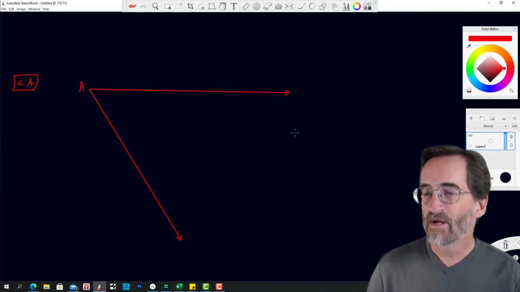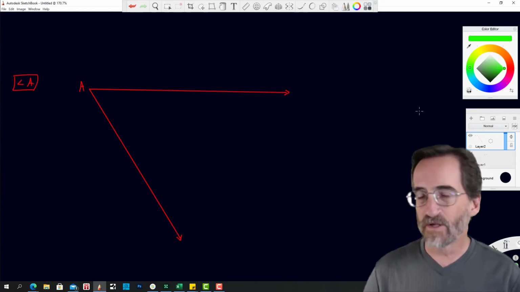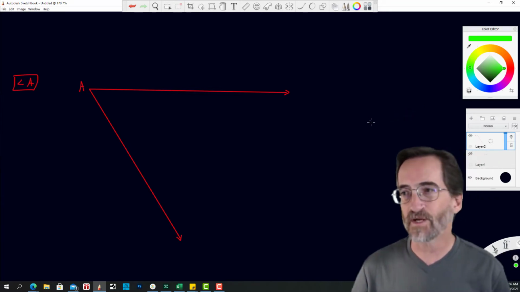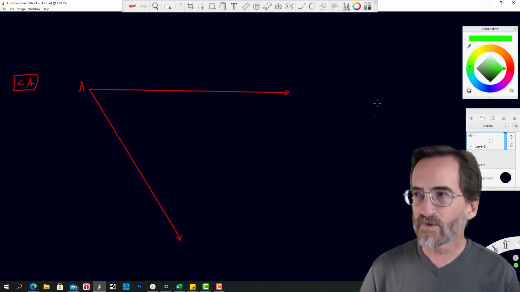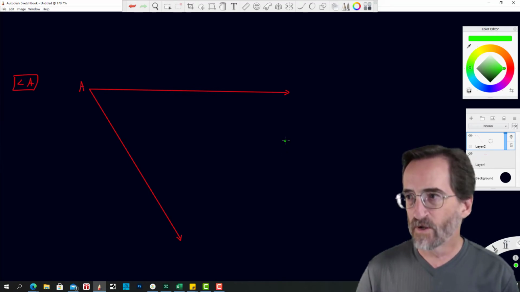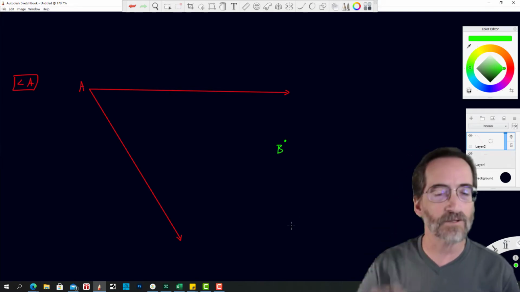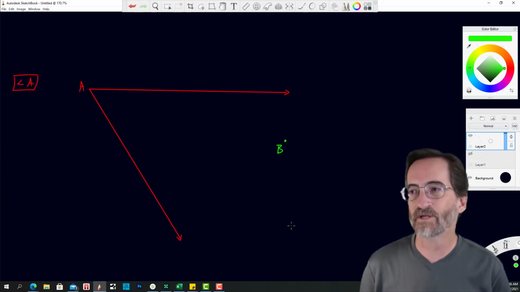Okay. So here are the steps, and you'll find the steps can vary a little bit in order as you understand them a little bit better. I'm going to start by placing some point. I'm going to call it B on my paper. It literally can be anywhere on my page, but preferably not on the already existing angle.